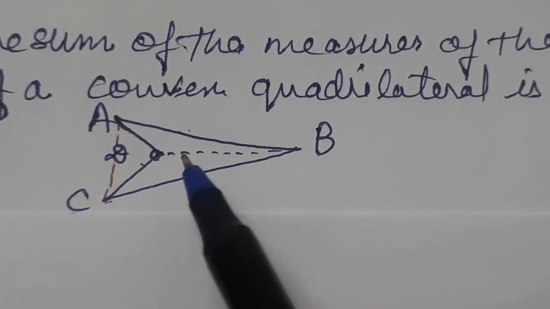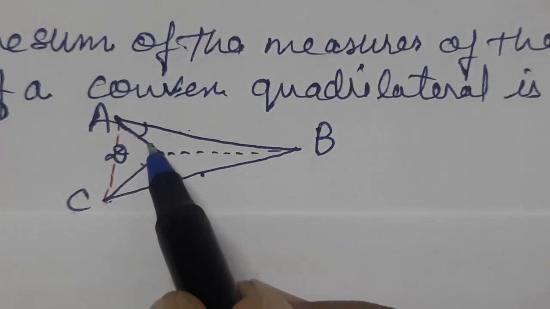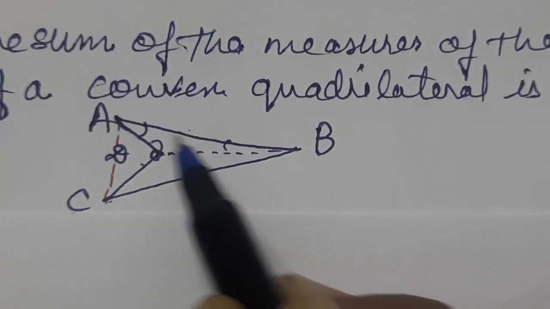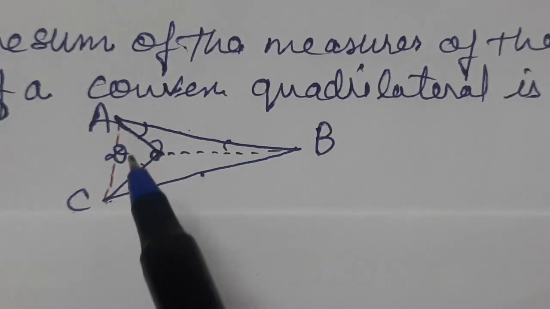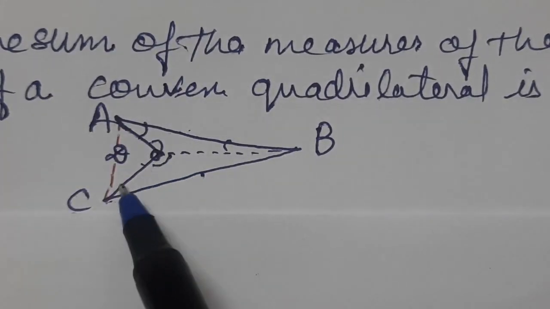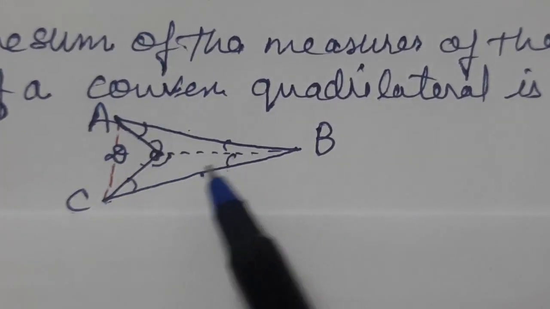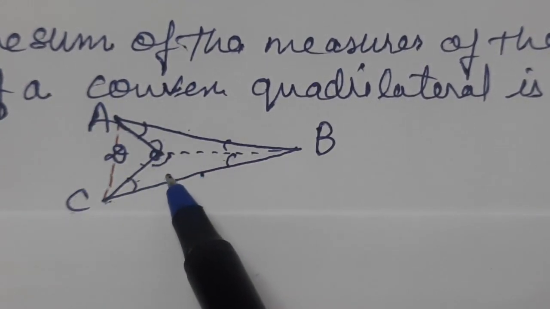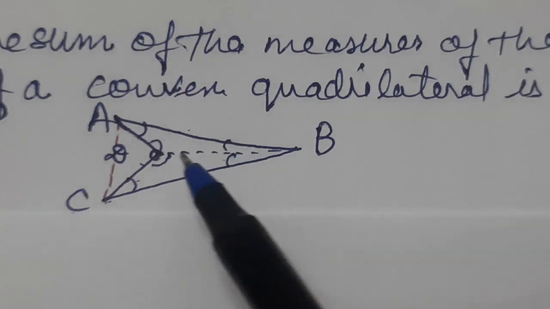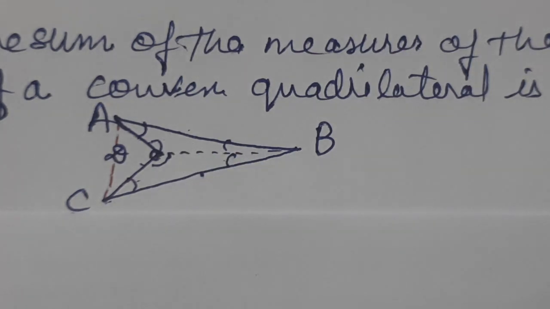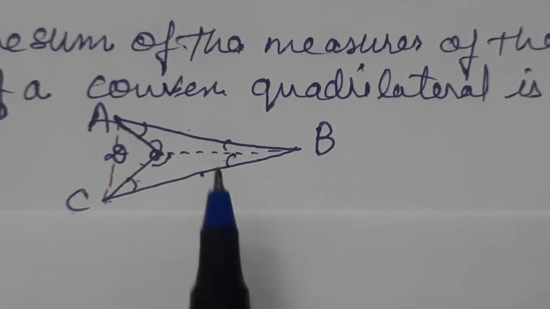Again, inside one only. So 1, 2, 3. What is the sum of these 3 angles? 180 degrees. And now this one 1, 2 and 3. And what is the sum of these 3? 180 degrees. So 180 plus 180, 360 degrees. So you try yourself, just like we have proved now, as in the previous class, how to find the angle sum of all the angles of a quadrilateral.